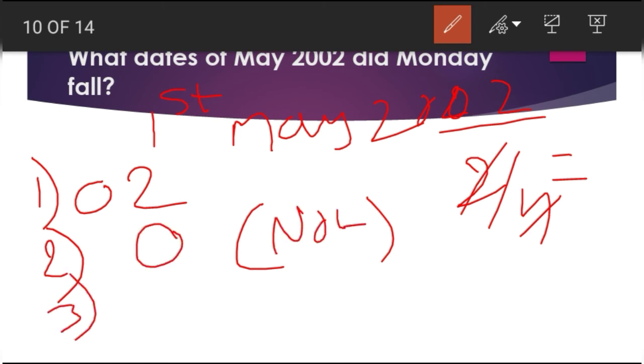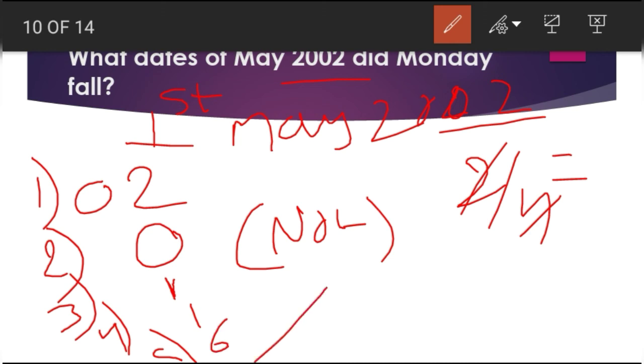And third step, what is the date? Date is 1. And fourth, for May it is 1. And fifth step, for the year 2000, it means 6. Right? For the year 6.